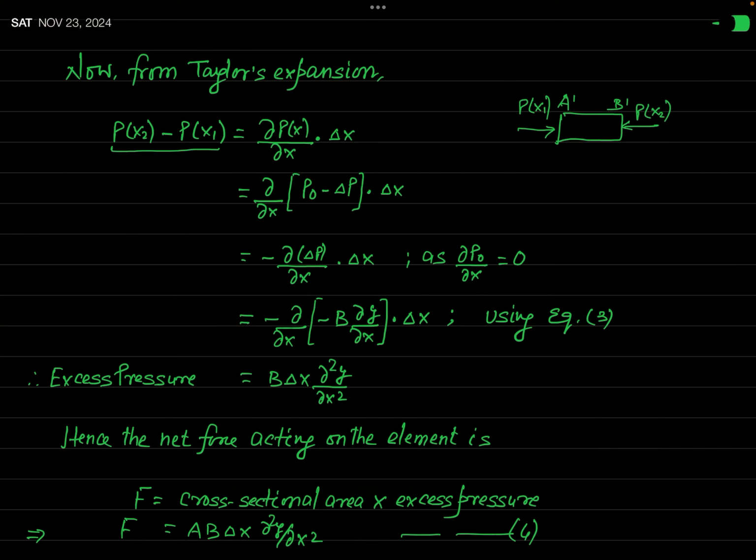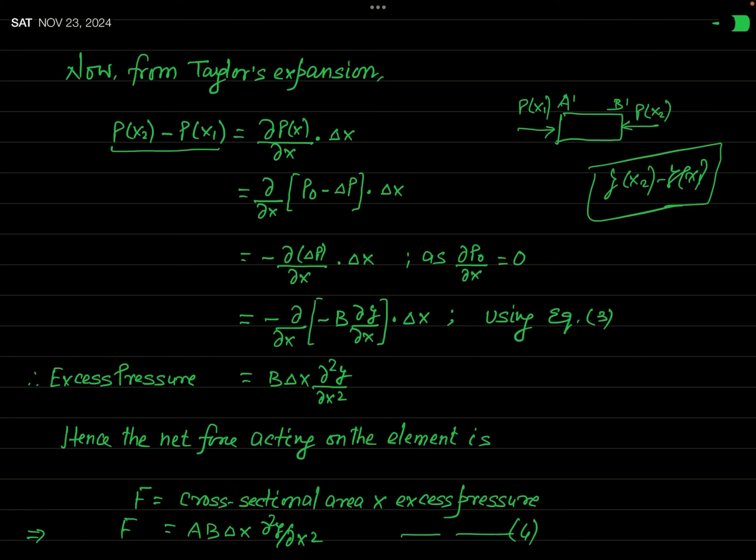But if I ask you how to find the value of P of x2 minus P of x1, remember, we just obtained the value of y of x2 minus y of x1 utilizing Taylor's expansion. In the same way, using Taylor's expansion, you can find it.